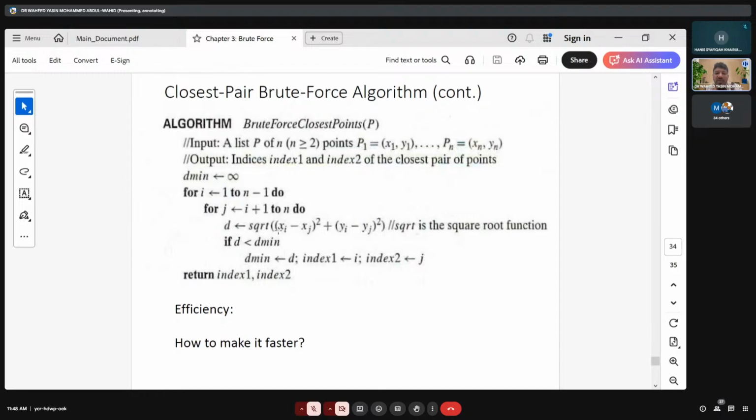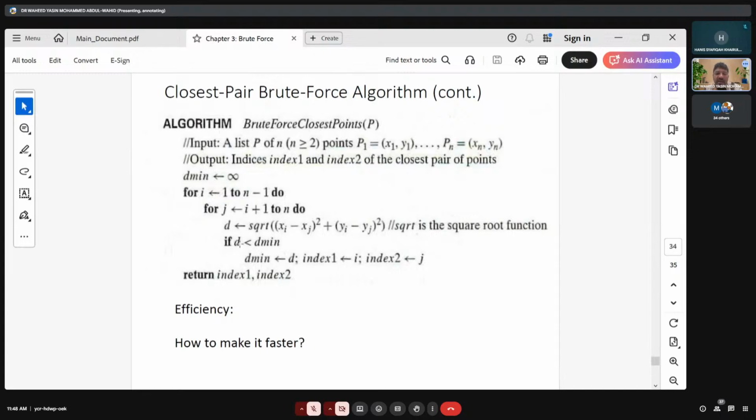This is why I use SQRT, the square root function, for xi minus xj and yi minus yj. If d is less than d minimum, then d minimum equals d, index 1 equals i, index 2 equals j. So here I find the minimum d.